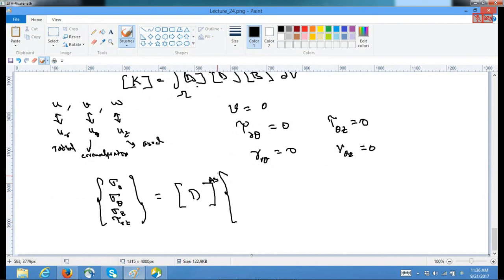So this is epsilon r, epsilon theta, epsilon z, and gamma rz. Gamma is an engineering shear strain, whereas epsilon is the normal strain.